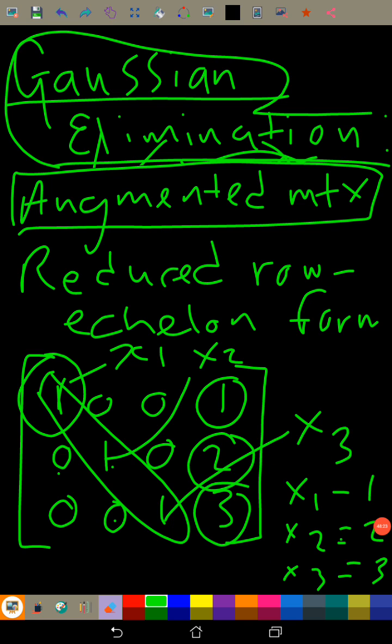So just by looking at this reduced row echelon form matrix, we can read off the solution set, and we will learn how to reduce an augmented matrix into a reduced row echelon form matrix by using Gaussian elimination.